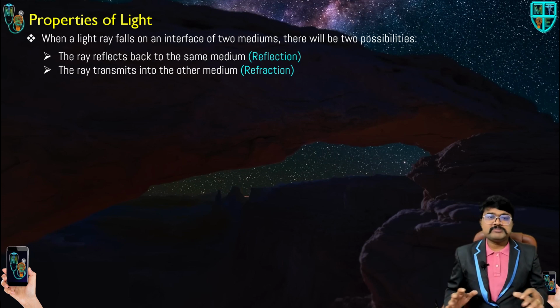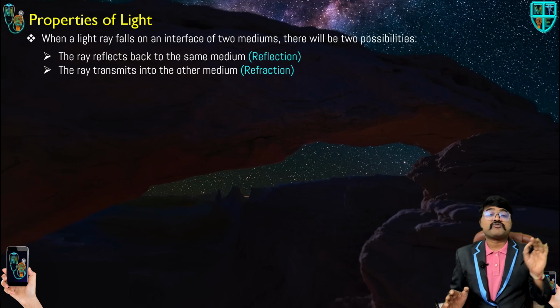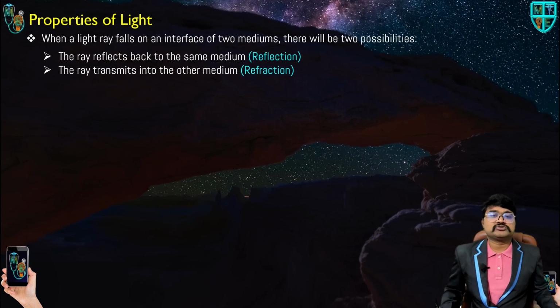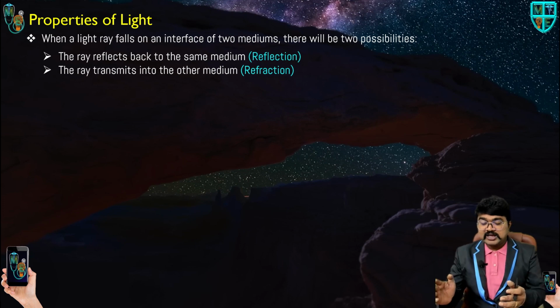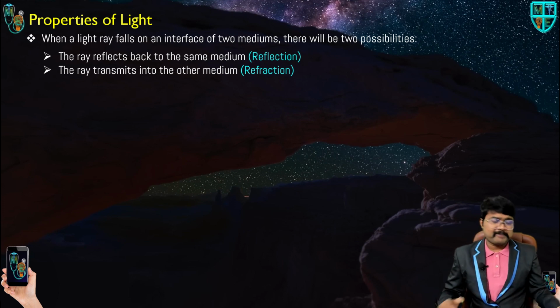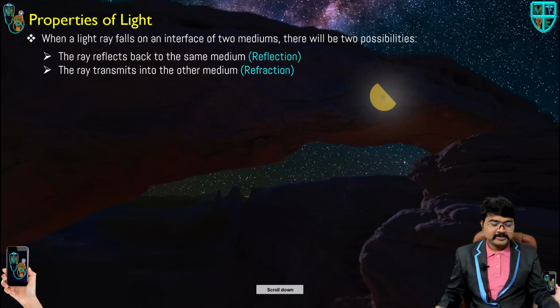The medium is not the same in case of refraction. The ray reflects back to the same medium, and the ray transmits into the other medium. We can discuss this reflection and refraction in detail.